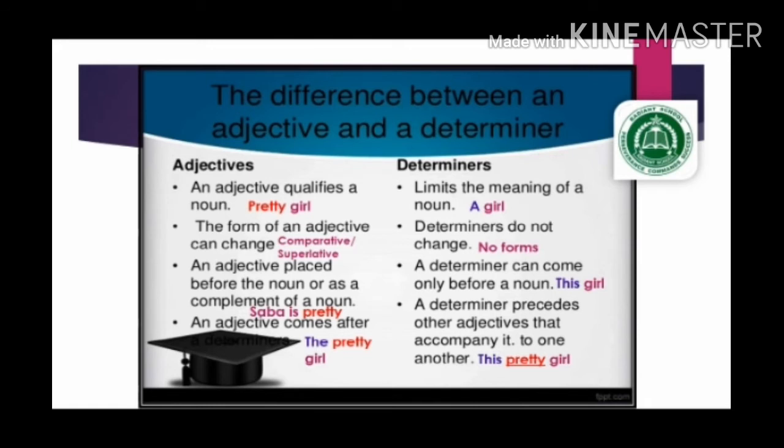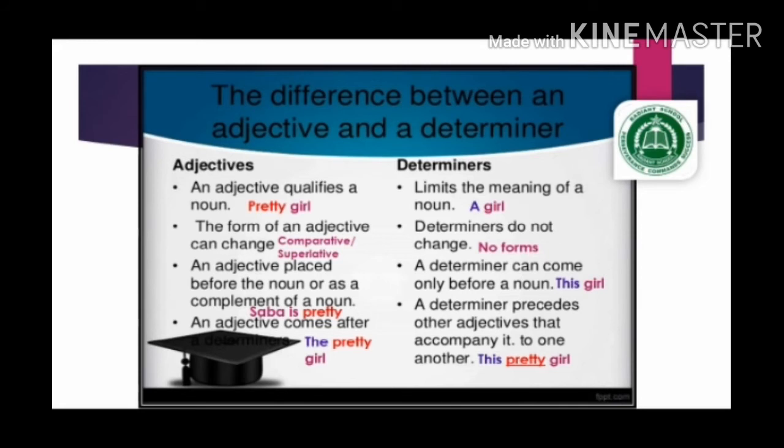Adjective qualifies a noun. It gives a quality of a noun. For example, pretty girl. Here pretty is an adjective. On the other hand, determiners limit the meaning of a noun. So they are related to the meaning of a noun instead of explaining the quality.